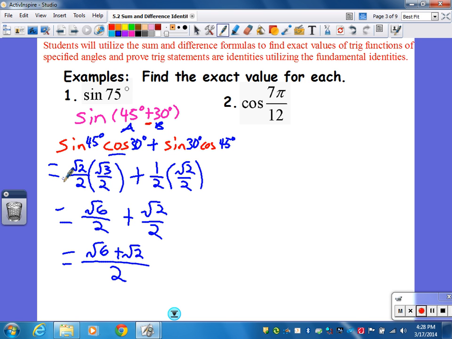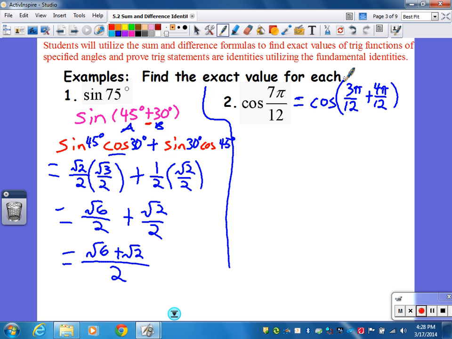Now we're going to work on cosine. We have 7 pi over 12. Once again, make it what you already know. Cosine 7 pi over 12 can also be written as cosine of 3 pi over 12 plus 4 pi over 12.